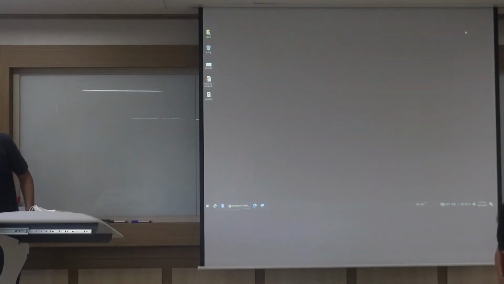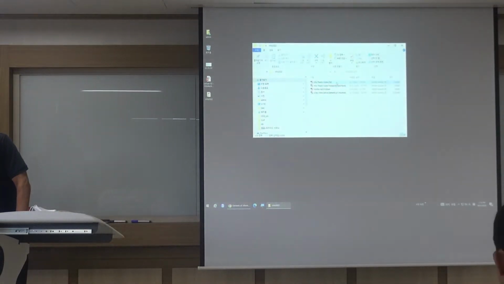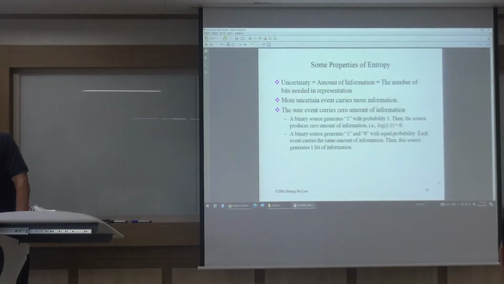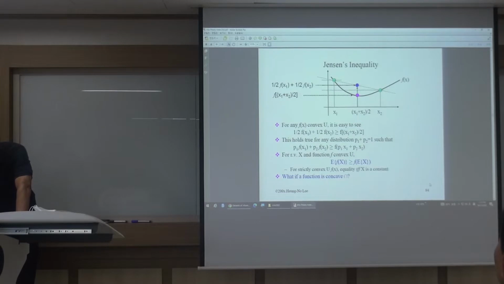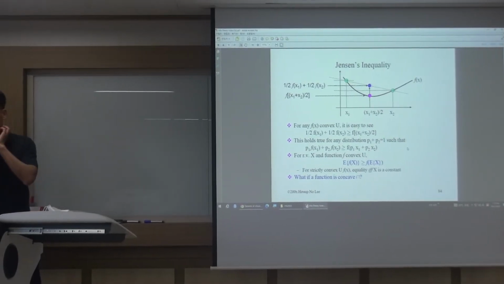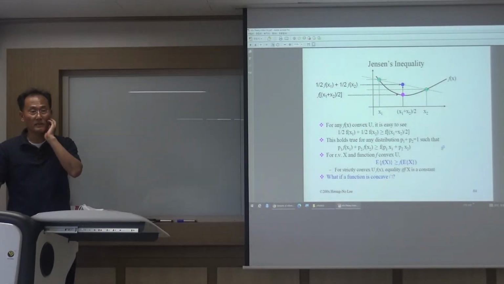Alright, so let's get started. And where is the info theory directory? Which is right here, note number 2. Okay, and where were we last time? We talked about Jensen's inequality, and one thing that you need to learn was the definition of the convex function.